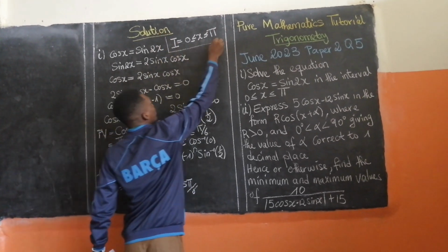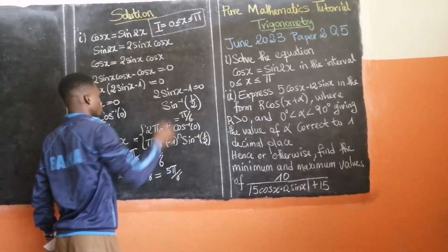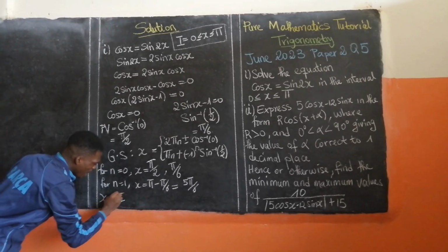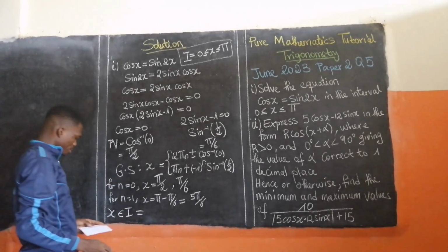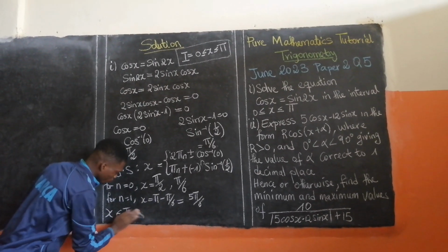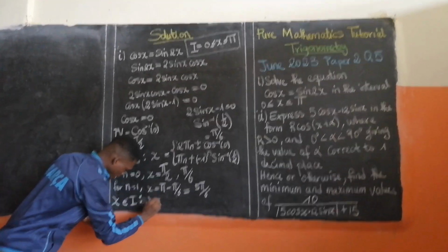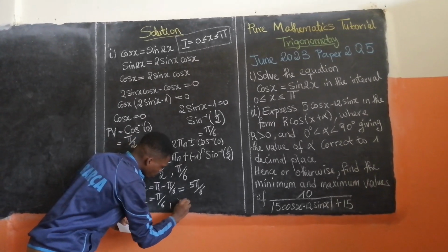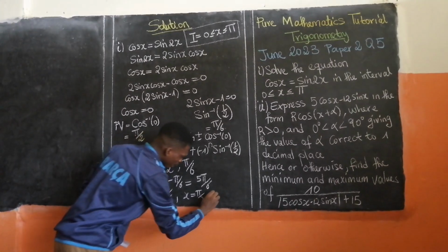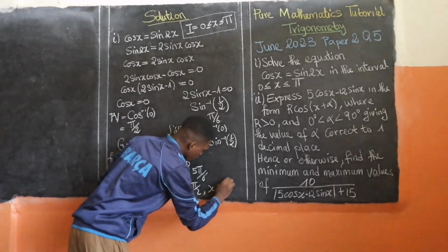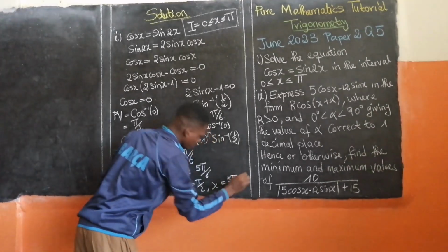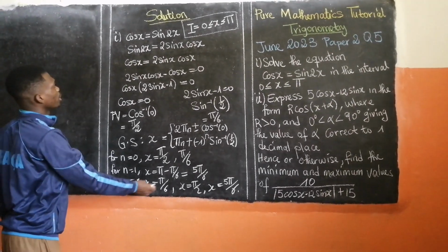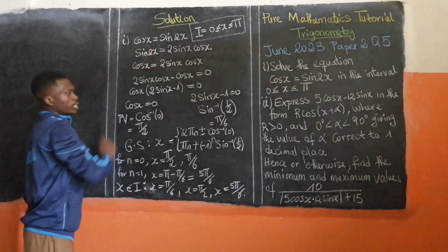This is the interval that we had given to us. So x that belongs to I includes x equal to pi on 6, x equal to pi on 2, and x equal to 5 pi on 6. So here is the general solution of this trigonometric equation.